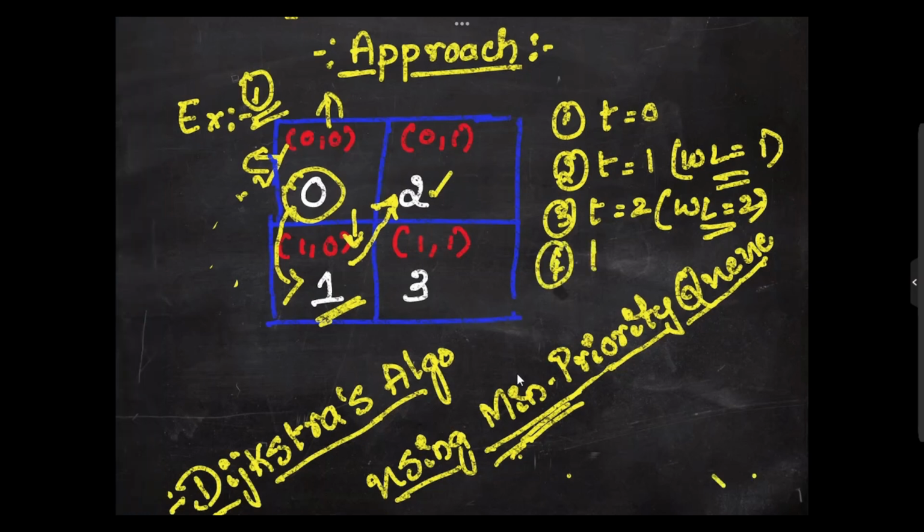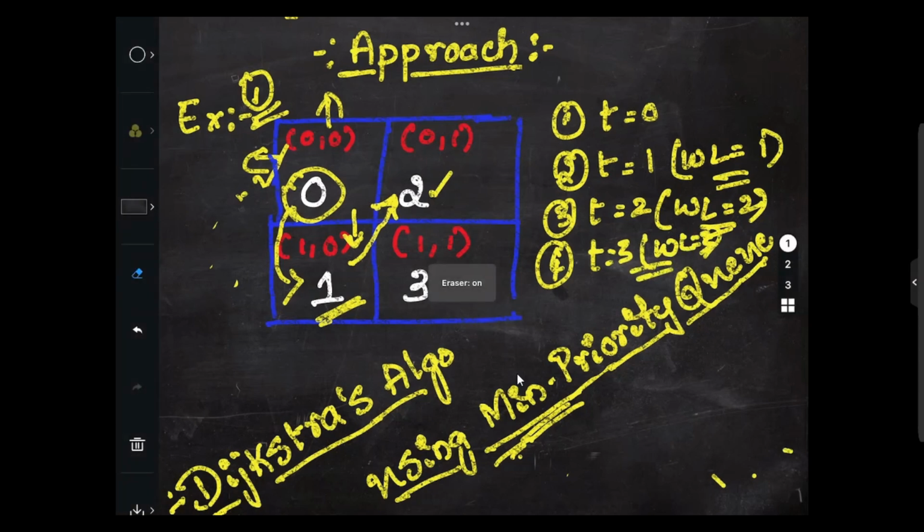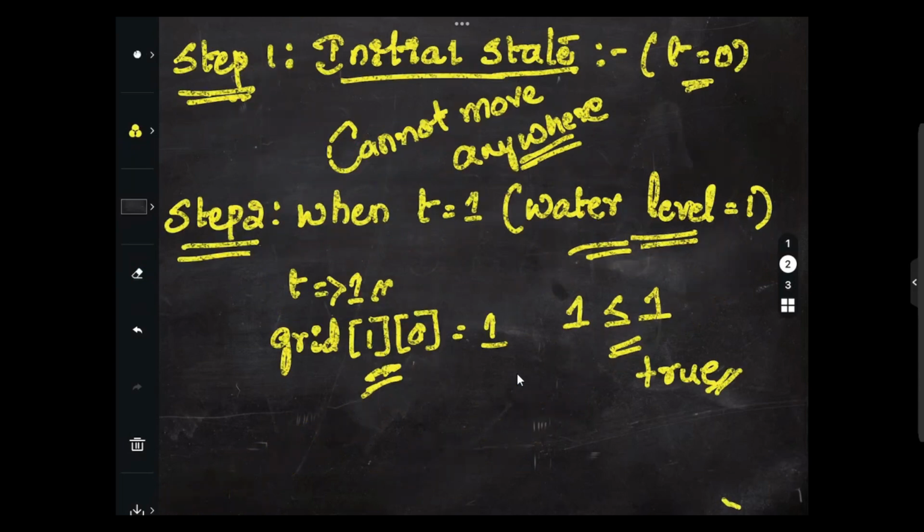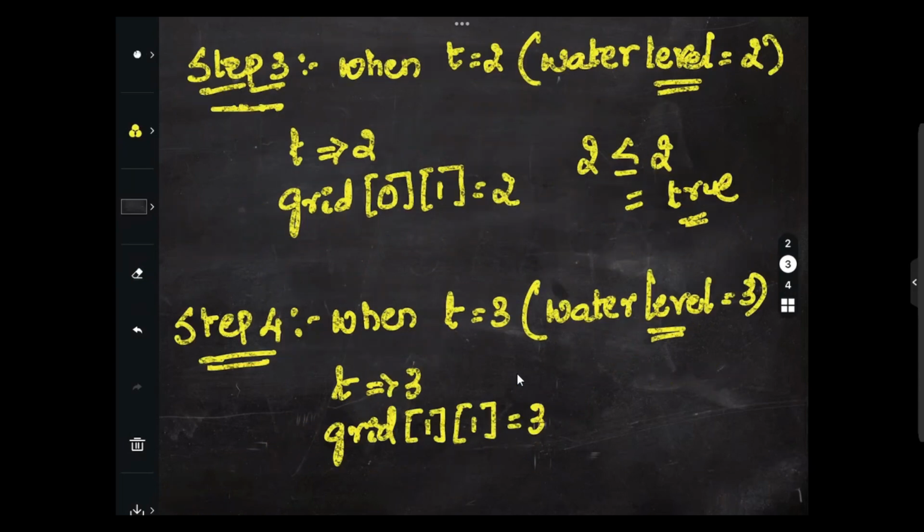Next, when t equals 3, the water level will be 3 as well in this case. So let me come here. Water level is 3 here.